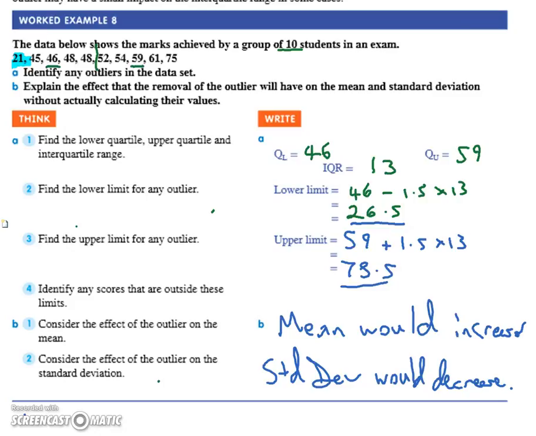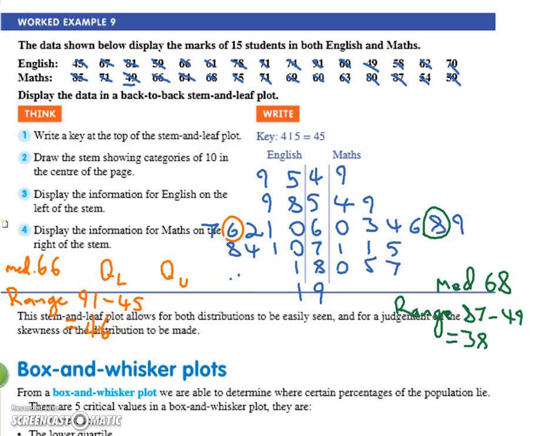Lower quartiles, oop, wrong page, that page. Lower quartiles, how do we work them out? Yeah, you work from the median. Lower quartile, what is it? It's halfway in the first half.